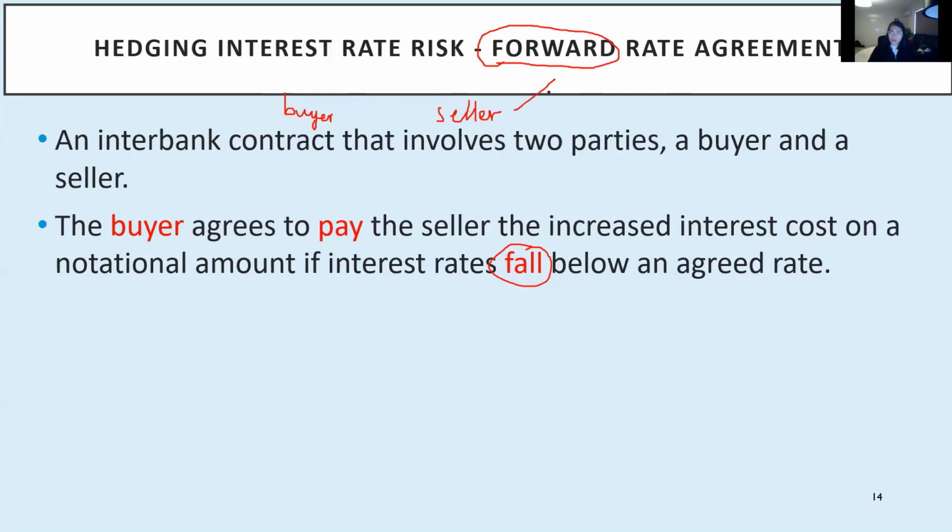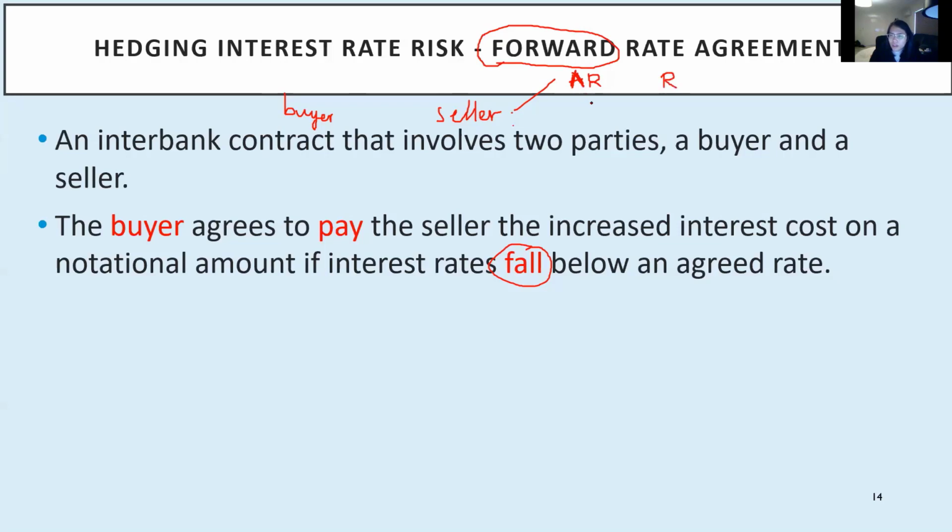So their agreement is as follows. Whenever the actual interest rate, I'm going to say AR for actual interest rates. Sorry, AR is agreed rate, okay? And actual interest rate is, let's say, this R, okay?